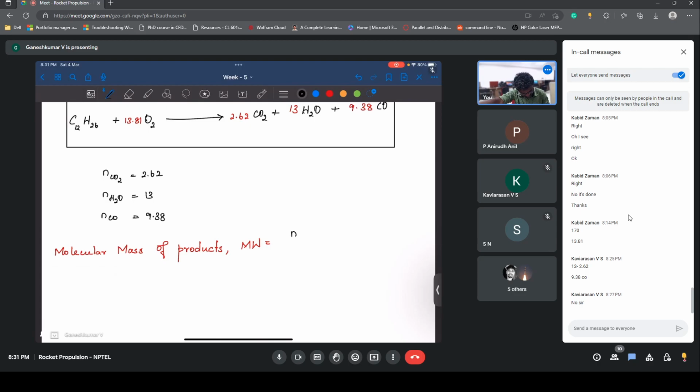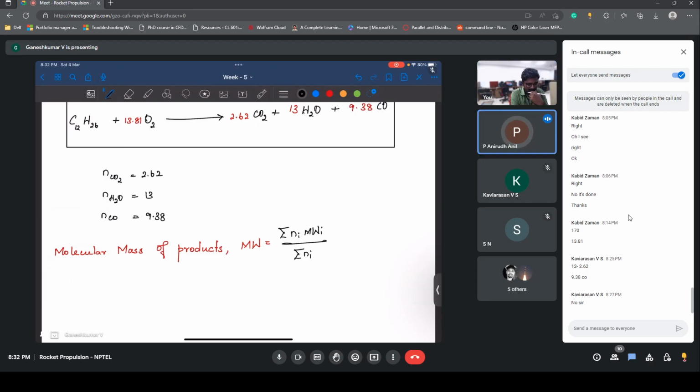Sir, whatever she said would give us the mean molecular mass, I guess. It is not a mean molecular mass, it's the molecular mass of the mixture. It is no more a single compound like H2 or O2, it is a mixture.